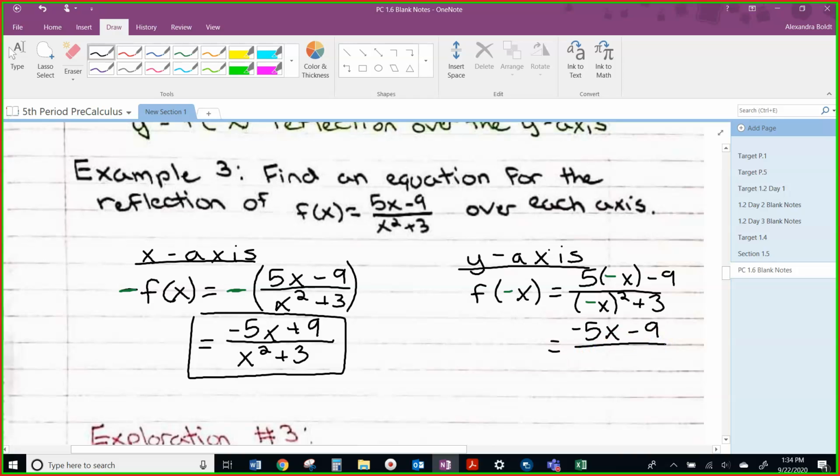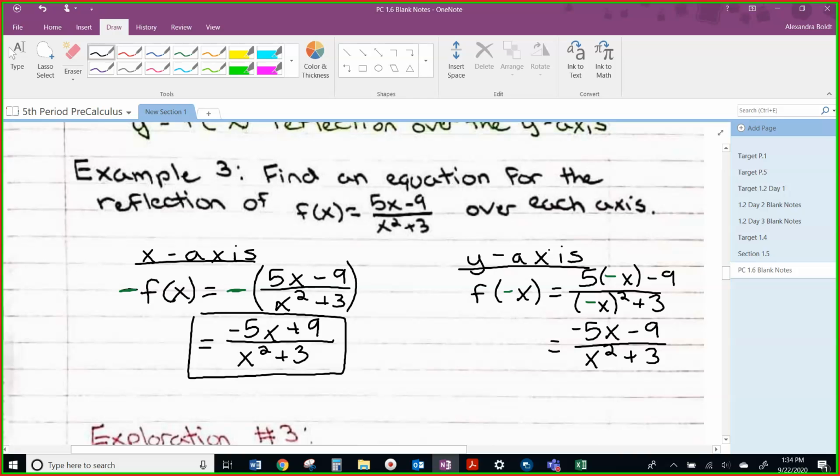Negative x squared. A lot of us got things like this incorrect, even if it's just like a number on our quiz. A negative times a negative is positive. So a negative x times a negative x is positive x squared. All right, so be very careful with those little positive and negative things.